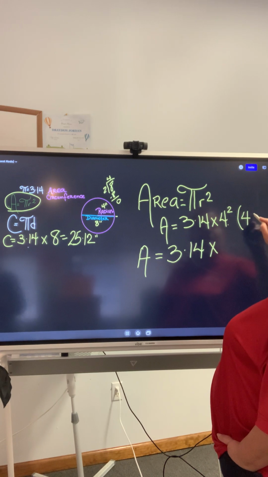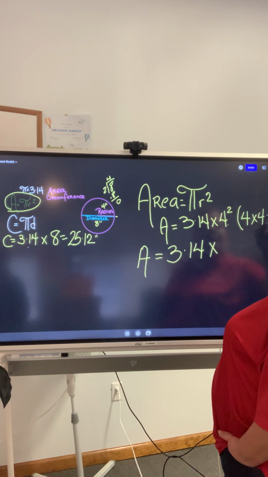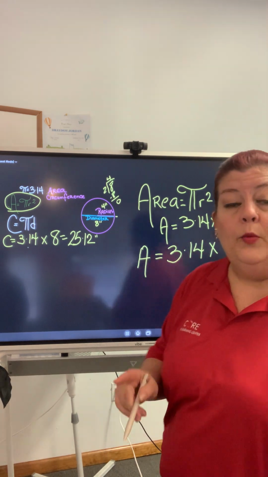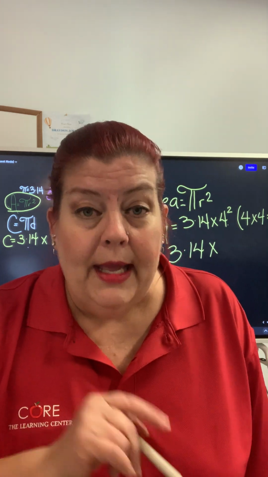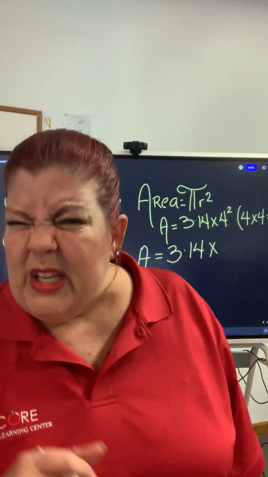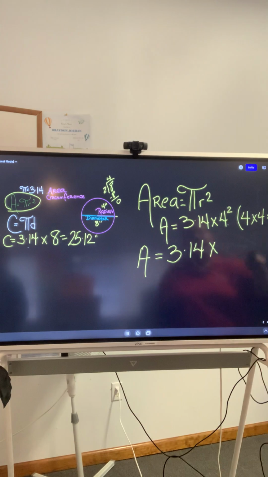Well, that's 4 times 4, and we know that that equals 16. And that is one thing that we must polish up on, okay? Is multiplication. All right, so it's 16.